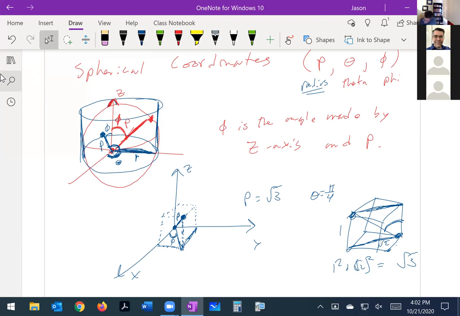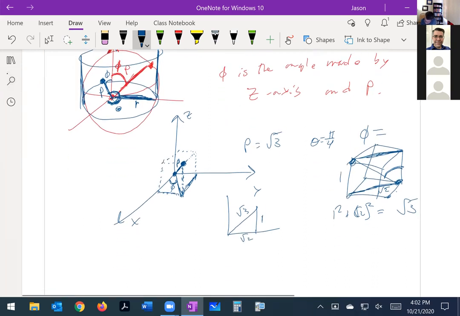So what would be phi in this case? Well, I have a 90-degree angle. I have radical 3, I have 1, and I have radical 2. So I could find out what this angle is. That wouldn't be too hard. I could use any of these.